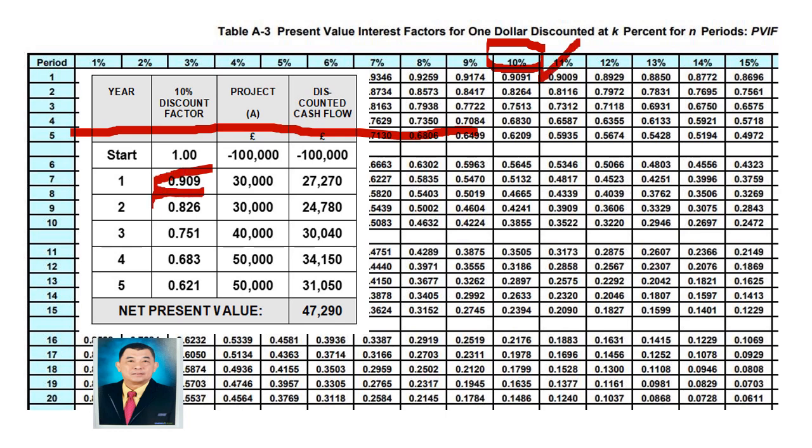This one was taken from the second year, and the third year, this one, and the fourth year, this one, and the fifth year, this one. And all you have to do is multiply those discount factors to your cash inflow for the first, second, third, fourth, and fifth year. So you get this one if you are using this table.